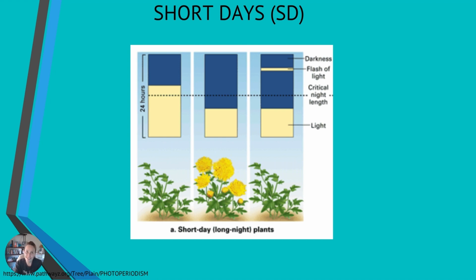It's not just as cut and dry as that, though. You can extend your light, you can extend your morning, you can extend your nighttime, and you can even do night interruption lighting. So this is flashing within that nighttime period if you're looking to keep your plant vegetative.